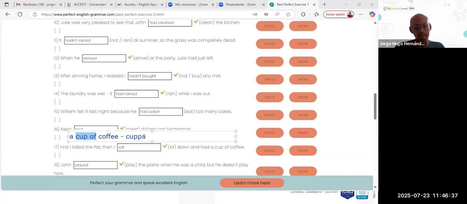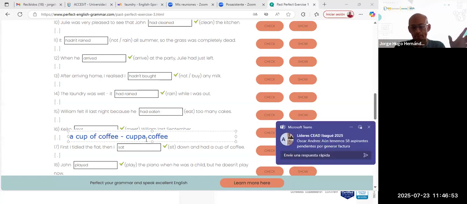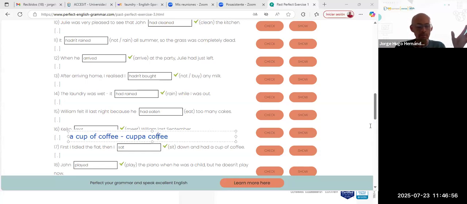People, instead of saying a cup of coffee, say "cuppa coffee," okay? Remember, in English, the contractions are very common, so maybe you can listen to that expression, because people speak very fast and they join the words, so they are not going to say a cup of coffee, no, they say "cuppa coffee," okay? That's very common to listen to. Sat down and had a cup of coffee.